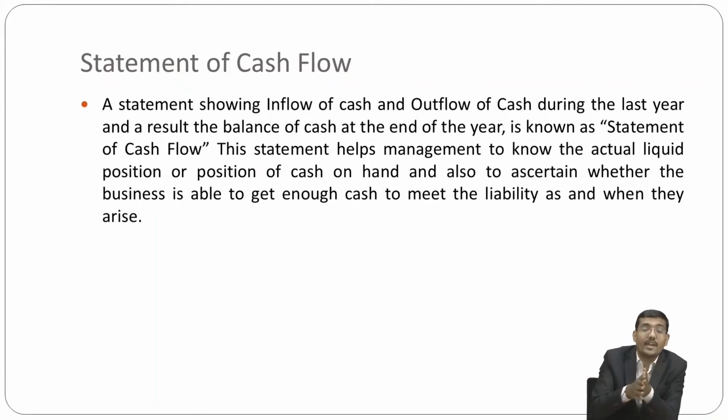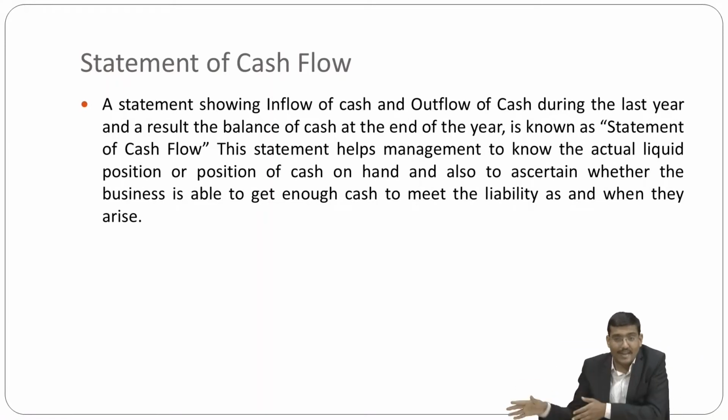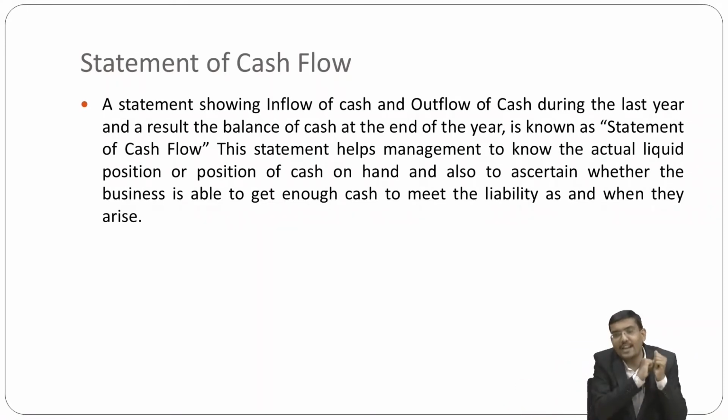It also defines how that cash is utilized in your business, and whether it is meeting all expenses or not. So the cash flow statement is most important because it defines your cash value, the cash on hand, and whether the business can get enough cash to meet future liabilities.